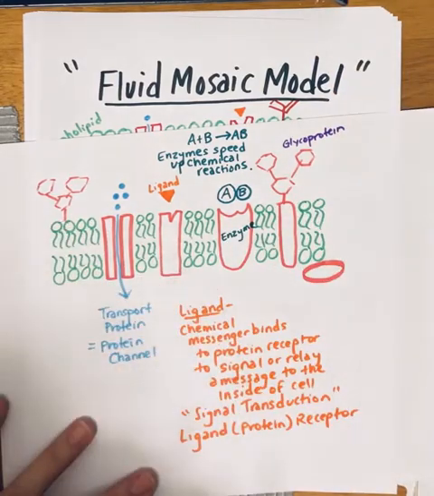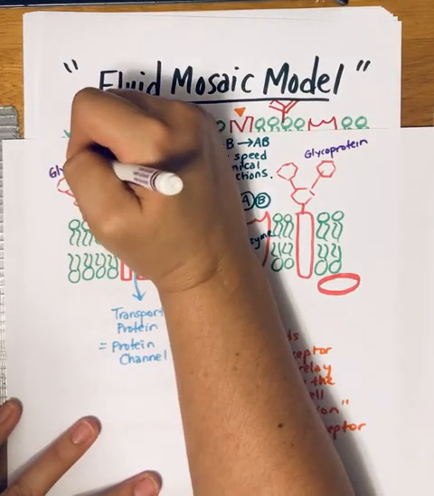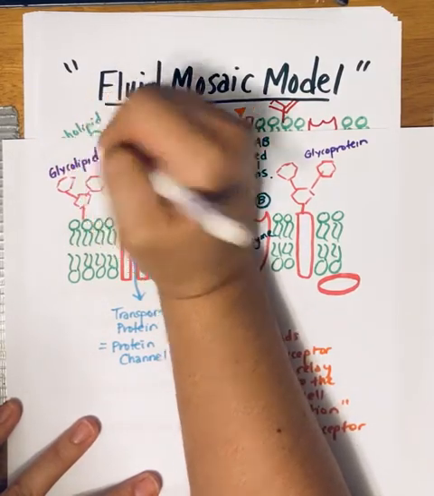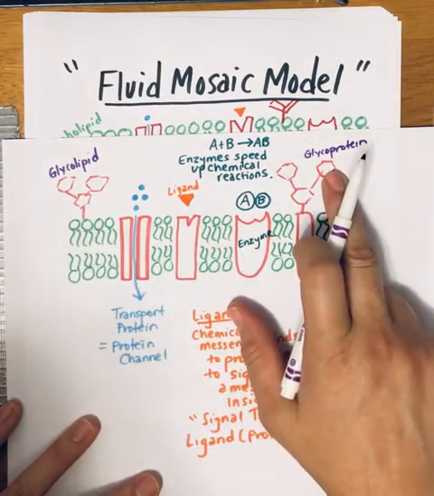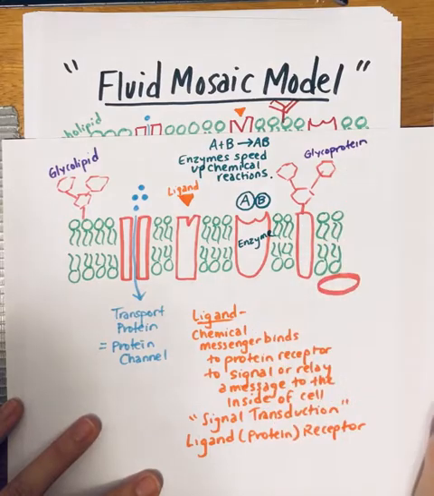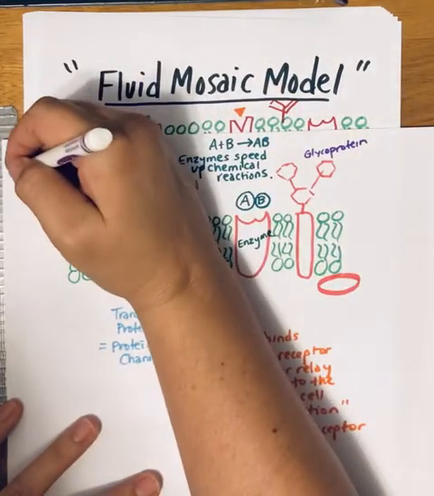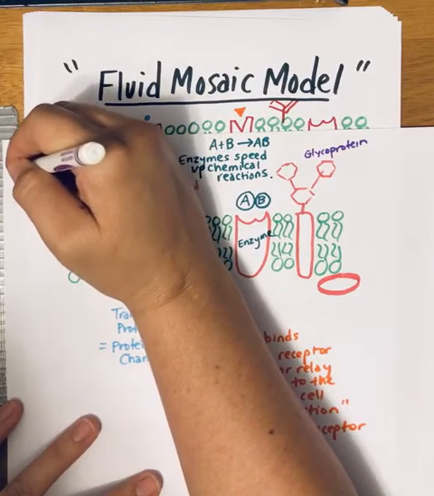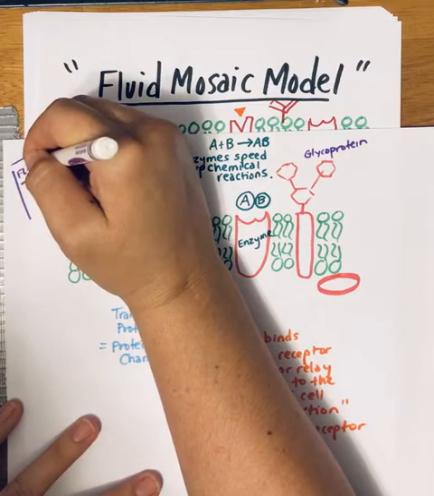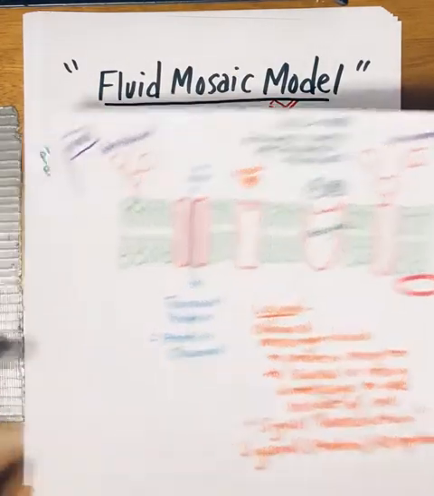This one over here is called a glycolipid. Either way, when you talk about the glycolipid versus the glycoprotein, these are used for self-recognition. These are going to act as a flag. So, this is going to be cell-to-cell recognition.